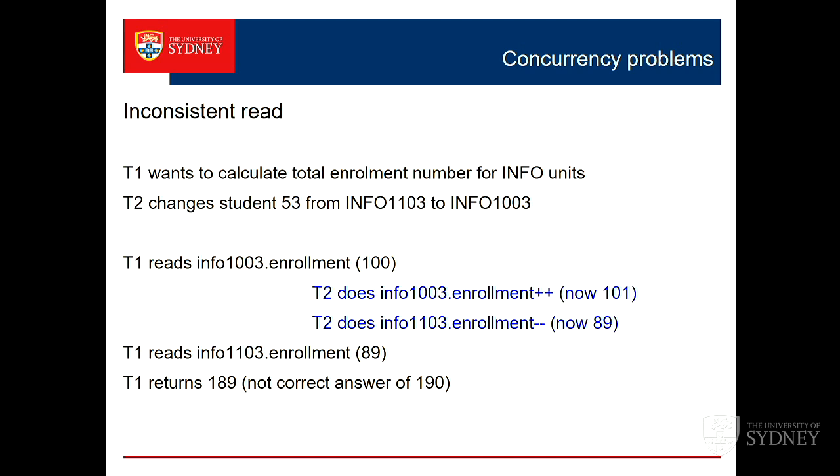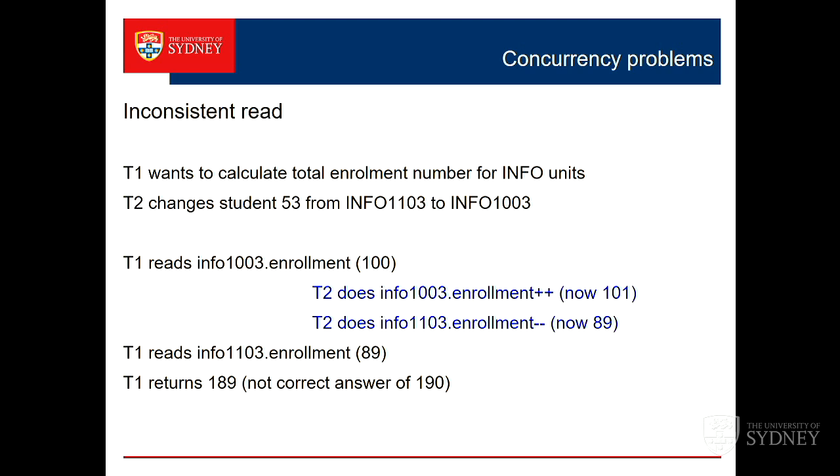T1 comes along, picks up 1003, 100 students in there, cool. Has one of these mysterious pauses. T2 comes along, increments 1003, which means that the piece of cached state that T1 has is no longer valid. And it changes 1103 to do the move.